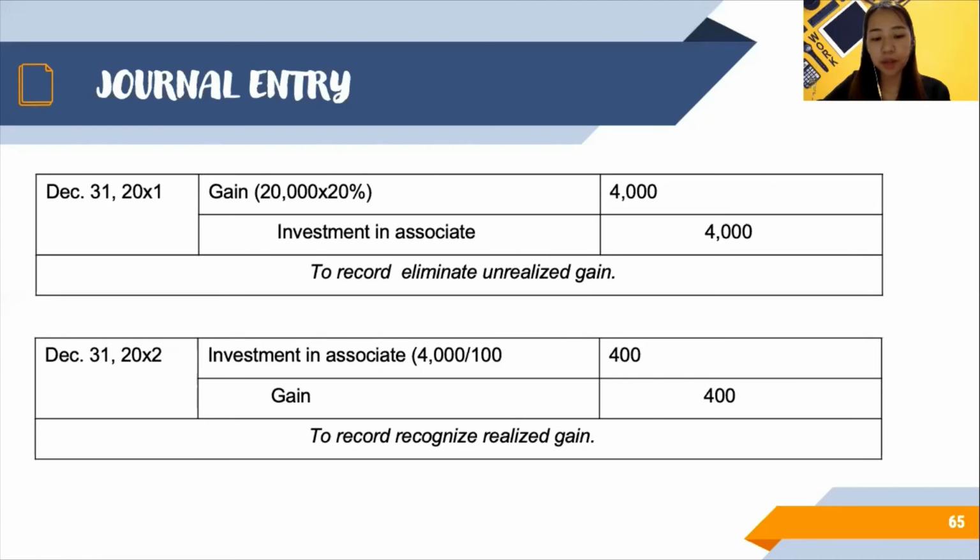And what if in year 4 the equipment is sold by the company to an unrelated party? The remaining unrealized gain will now be realized in the profit or loss.